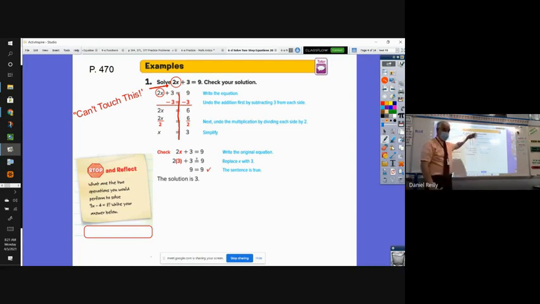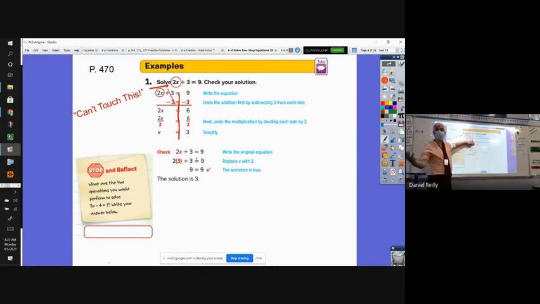Anytime you finish those operations, what you're left with is an equivalent equation, an equation that is balanced just like the original one. So if I subtract 3 from both sides, this becomes 0, and I'm left with the 2x on this side. And over here, 9 minus 3 is 6. These are equal. They're balanced still.